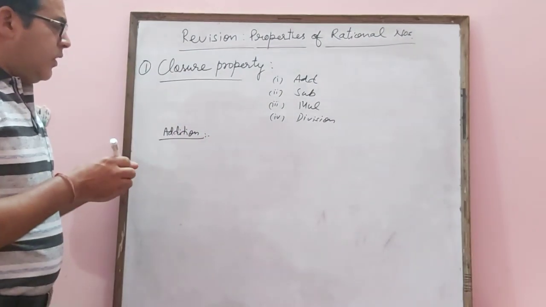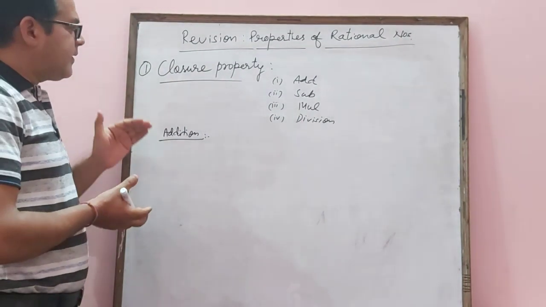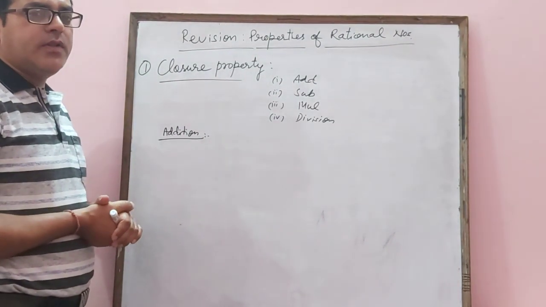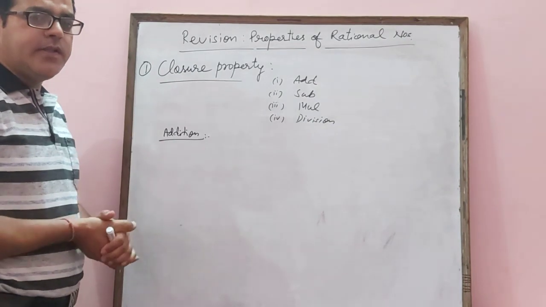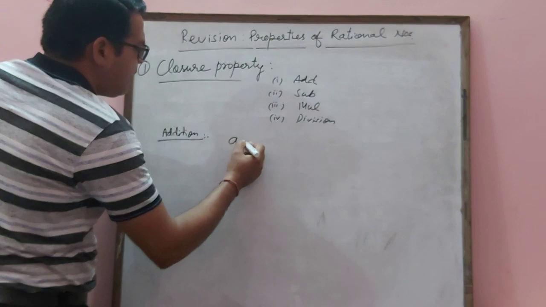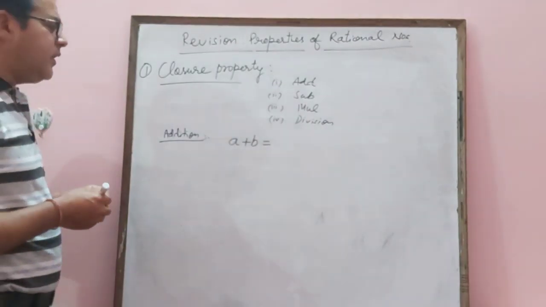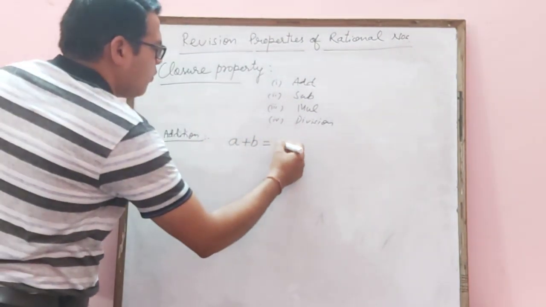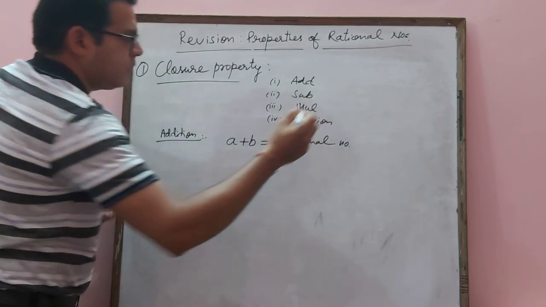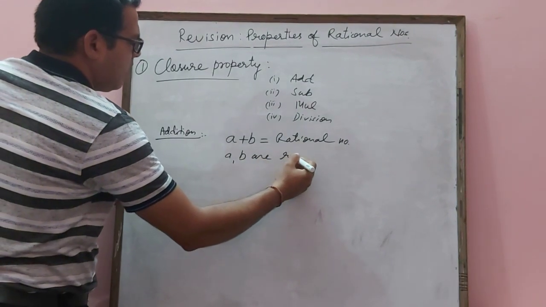So, the closure property of rational numbers for addition says that if we add two rational numbers, the result is always a rational number. For example, if A and B are two rational numbers, then their sum is also a rational number, where A and B are rational numbers.